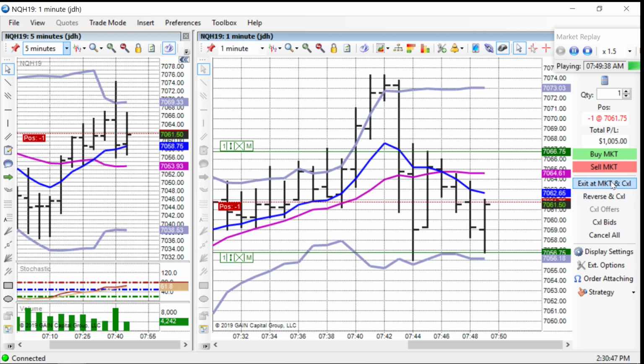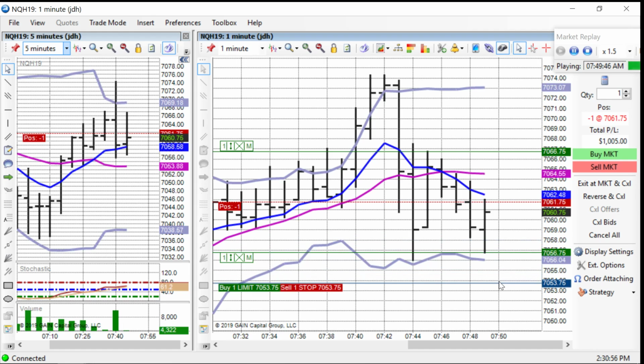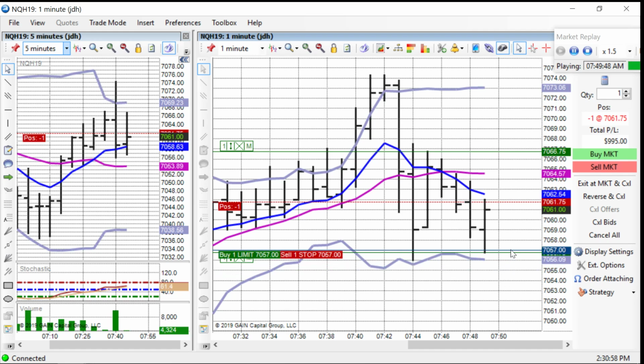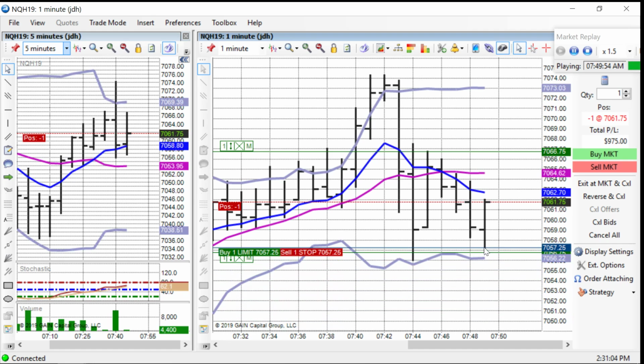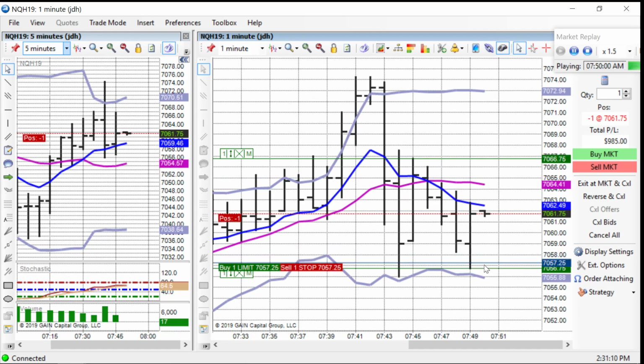So that's why it's good to hit the exit button, even if you're giving up some profit there. It's uncanny how many times it comes right to your target and doesn't get you out. Because that's a limit order, so it has to actually hit that limit order twice and then come back through it, and it'll take out the limit order.